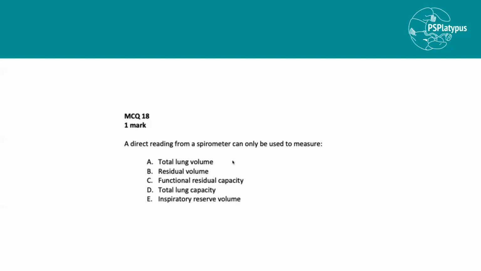Total lung capacity, pretty much the same thing as total lung volume. And that leaves inspiratory reserve volume, which is the volume of air breathed in with forced, maximum inspiration. So we can measure that. It's the basis of a lot of spirometry. So we'll go with that.